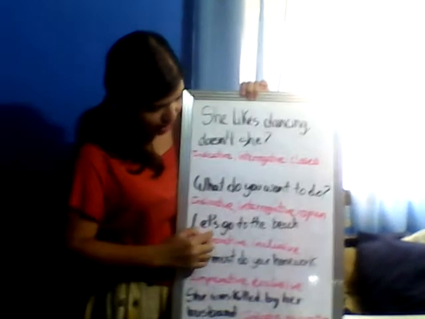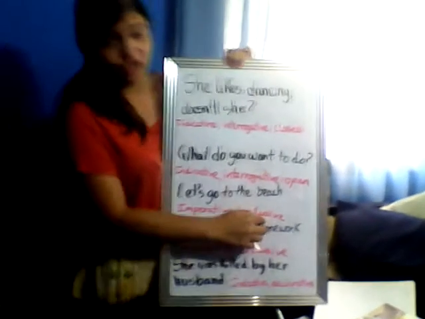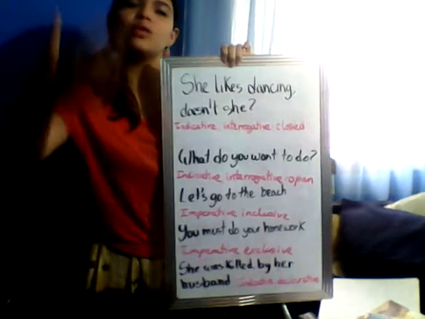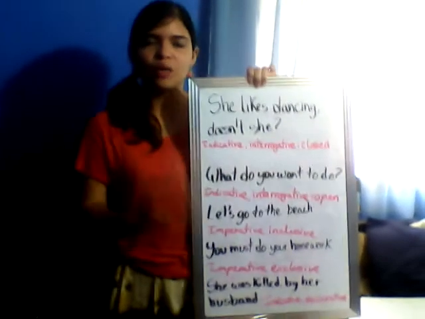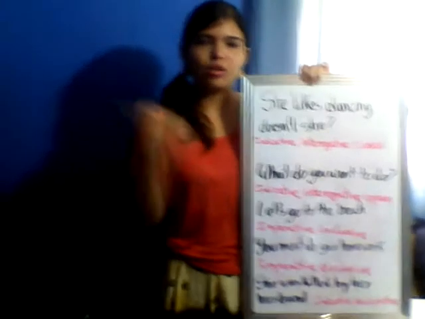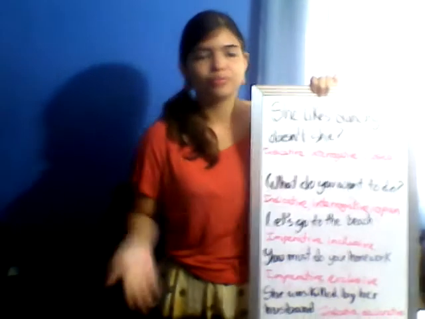The following is: let's go to the beach. Now we are analyzing another structure. Imperative, indicative, inclusive. You are ordering someone to do something, but in that order you are included. Because when you say let's go, you mean let us go.